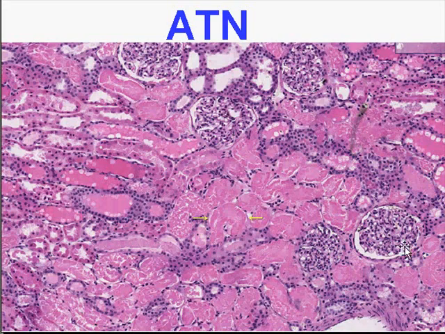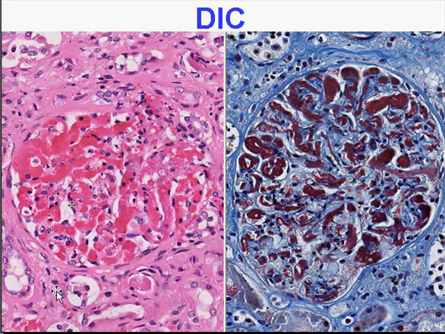Acute tubular necrosis: I think you could say that these glomeruli look pretty viable, but the tubules don't have nuclei, they don't have cellular definition. Some of them do, like here, but here's a large zone that doesn't. This is classical acute tubular necrosis.